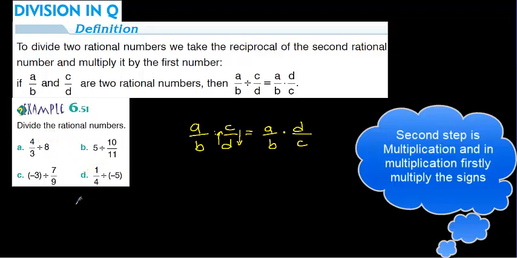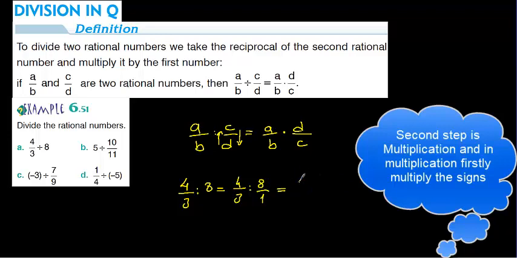It's not difficult for us because we know that every integer can be written as a rational number. So when I divide 4 over 3 by 8, it's at the same time 4 over 3 divided by 8 over 1. I know that every integer can be written like this.